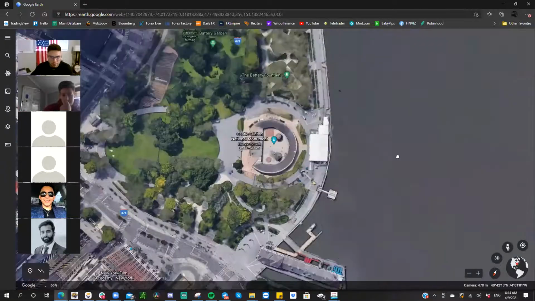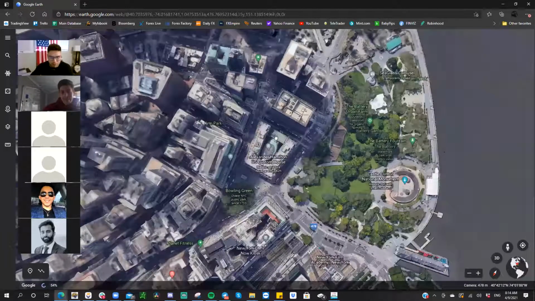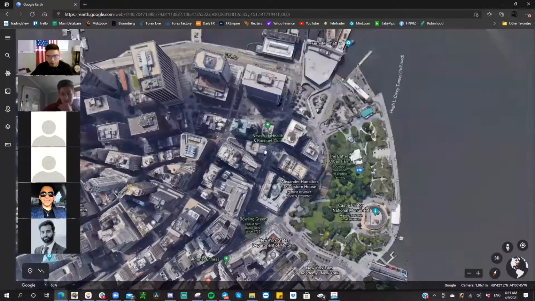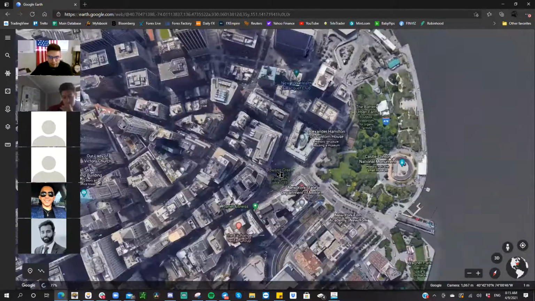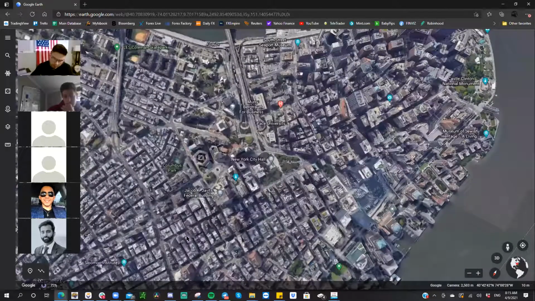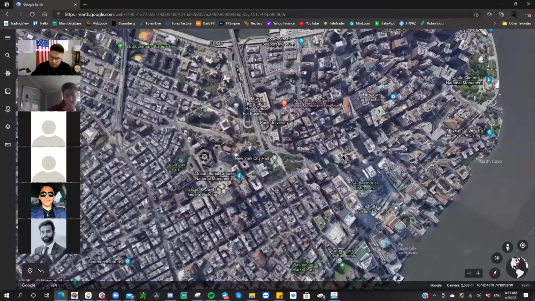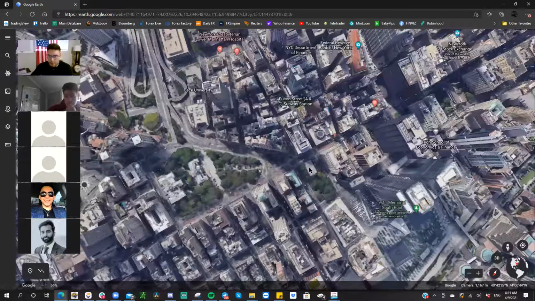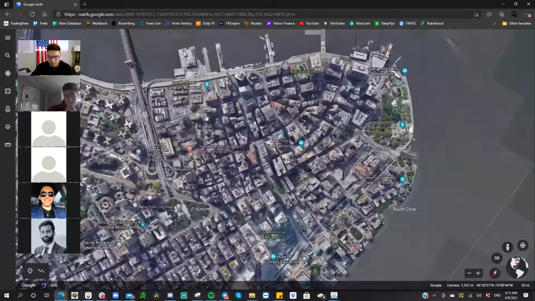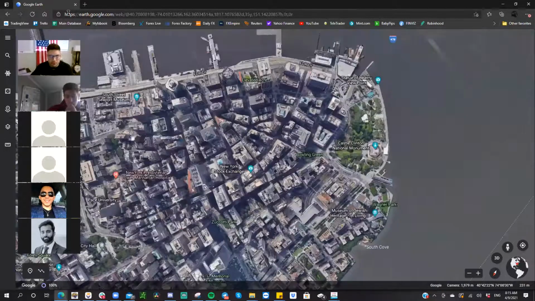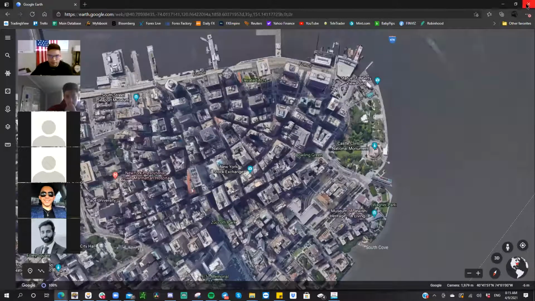This is Wall Street down here. Where's Broadway? This is Broadway right here. See the street? It used to be an old Native American trail going all the way down. It's crazy. All right, back to the charts.